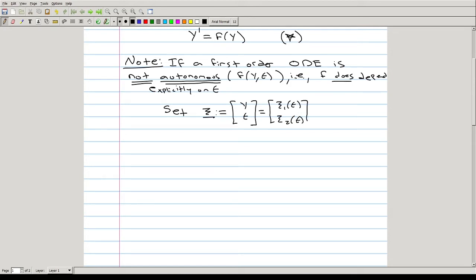And then this vector xi, when we differentiate it with respect to time, because it's a vector with two components that depend on time, the derivative of this with respect to t, you could call it xi prime, is going to be equal to y prime, and the derivative of t is 1.